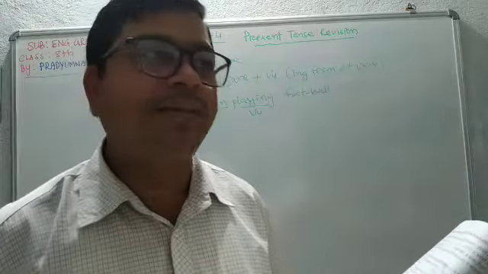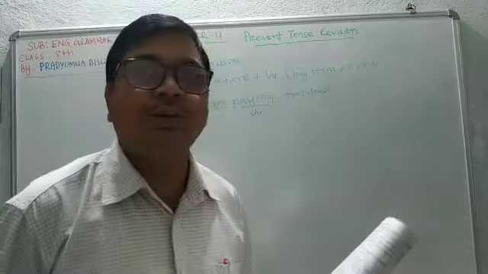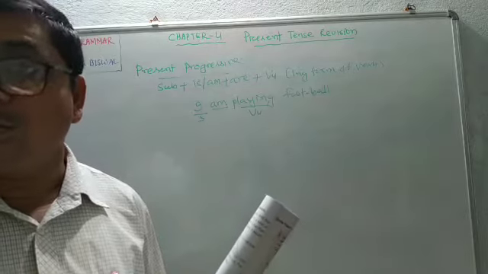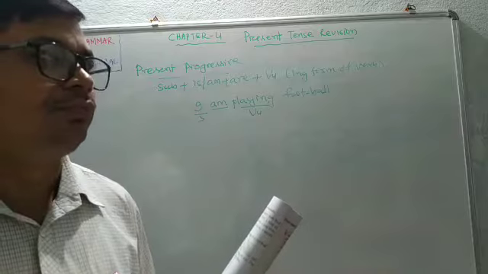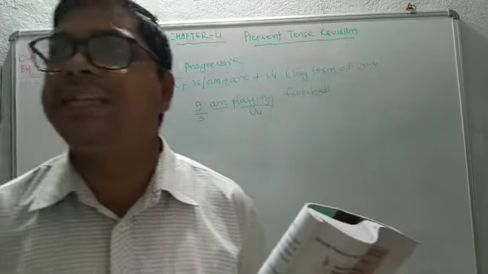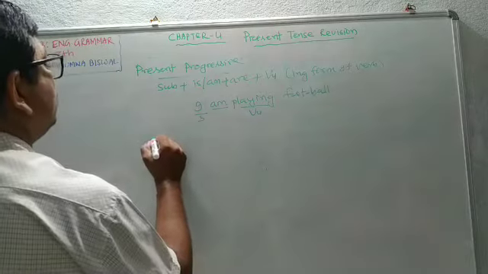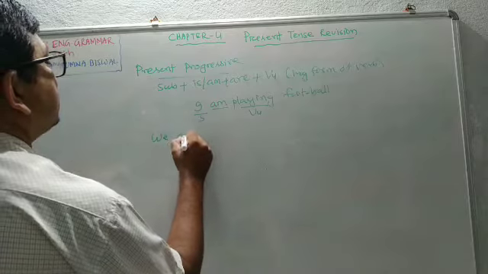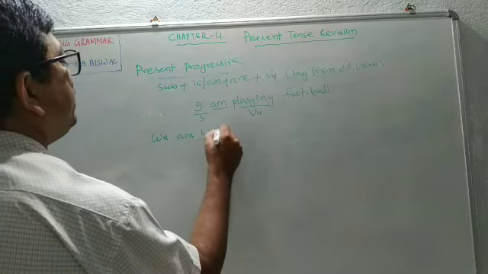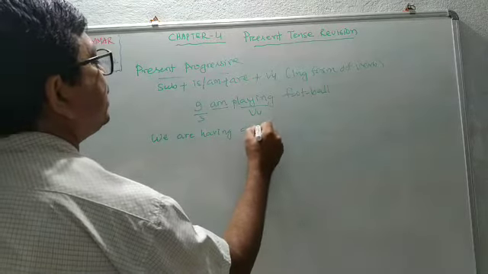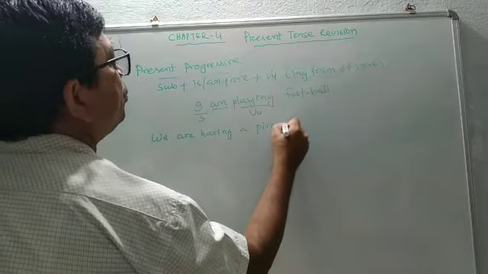I am telling you one thing, present progressive is used to talk about the future fulfillment of a present plan or action also. For example, we are having a picnic tomorrow.